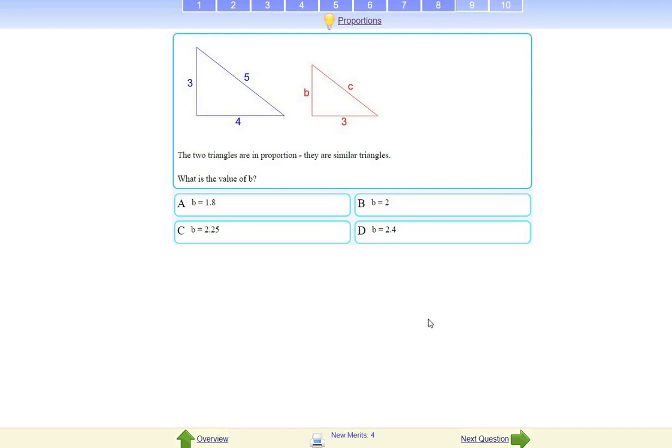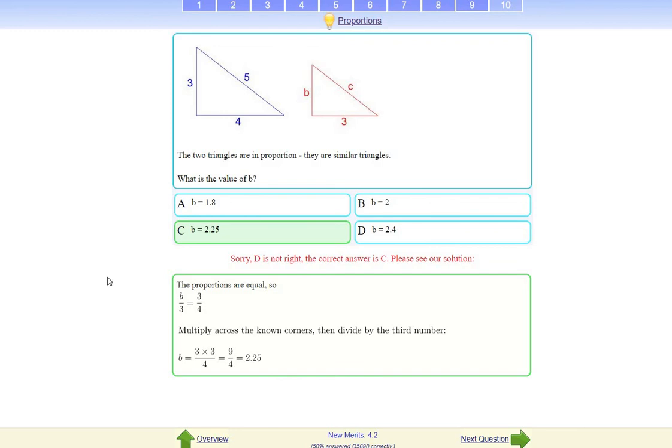I think because I got 2.3, I should put 2.4 as my answer. Final answer, 2.4. Yeah. I'm sorry, that's wrong. Okay. So these are the proportions. B over 3 equals 3 over 4.